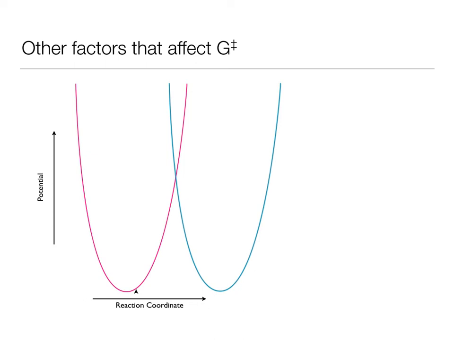So reactions which have very similar structures of reactants and products have very small changes in reaction coordinates. The two potential wells overlap a huge amount, and I have a small potential barrier to overcome.